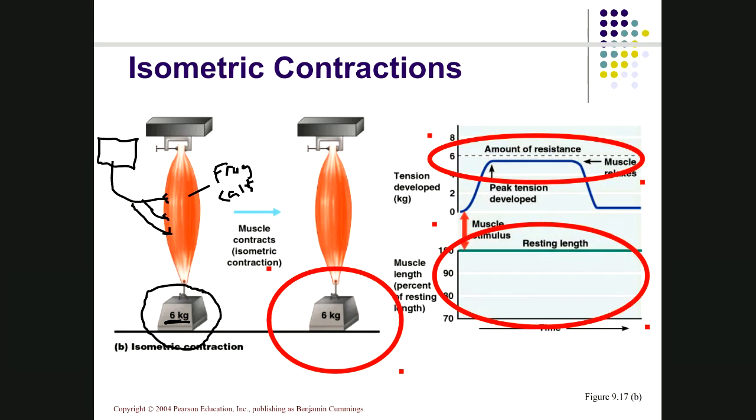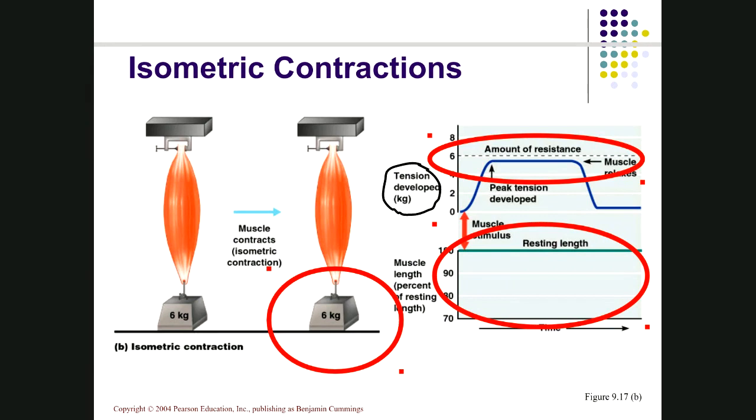And so if we look to see what's going to happen when we do stimulate the muscle, it is going to produce tension. But this is the maximum amount of tension it can produce right here. That much. And that is not 6. I don't know exactly what it is, but let's say it's 5.5. But 5.5 is not 6. And in order to lift 6 kilograms of weight, I have to produce 6 kilograms of tension.